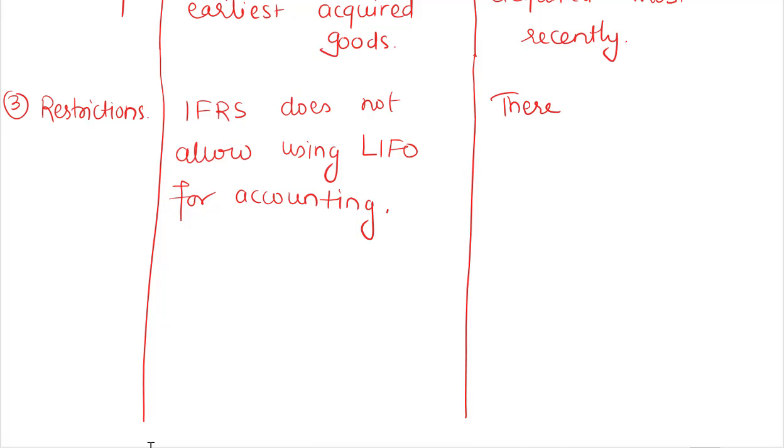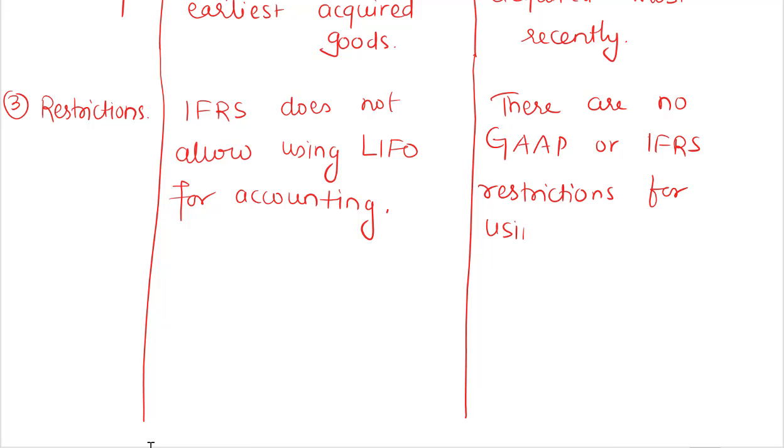Whereas in case of FIFO there are no IFRS restrictions. There is no restriction for using FIFO, first in, first out. Both allow this accounting method to be used.